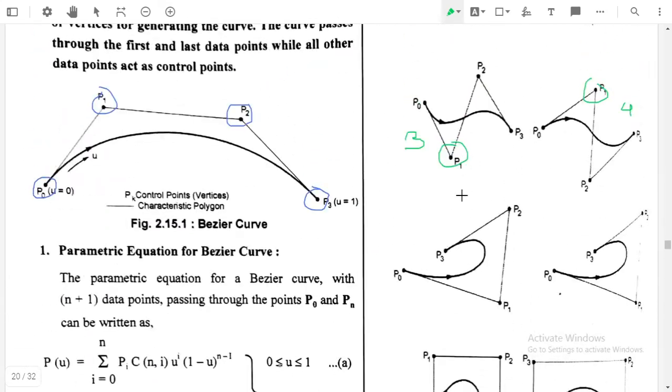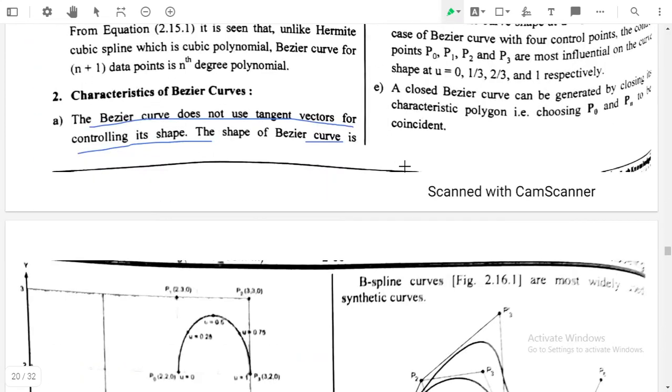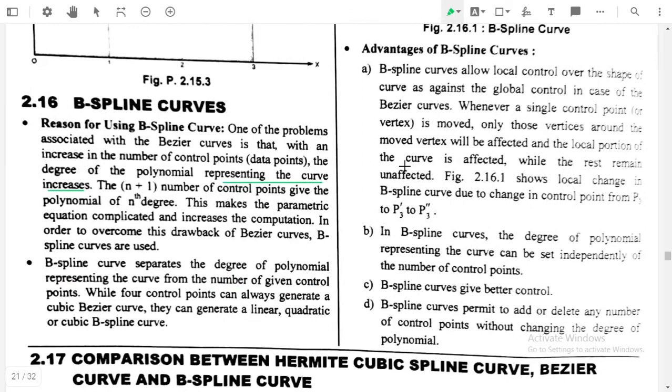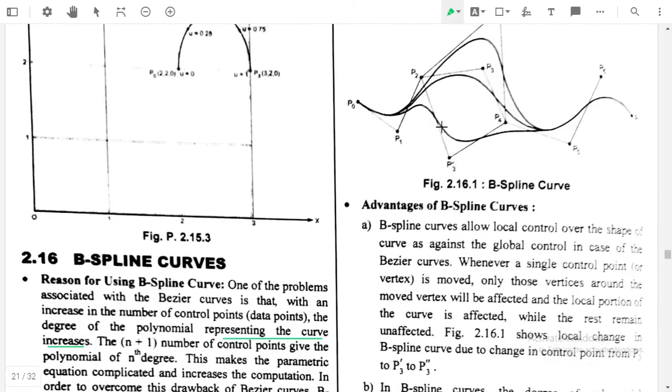See here, in images 1 and 2, if we change the position of point P1, then the overall shape of the Bezier curve looks different from its original shape. To avoid this, or to maintain the shape of the curve at only local points, the B-spline curve is used.